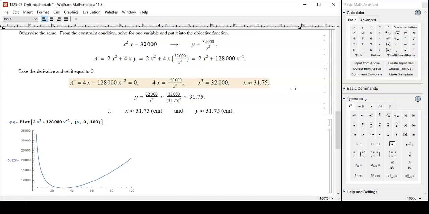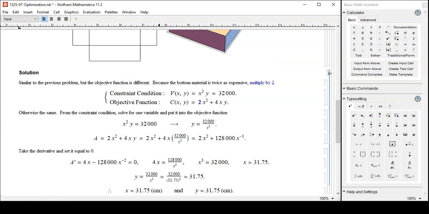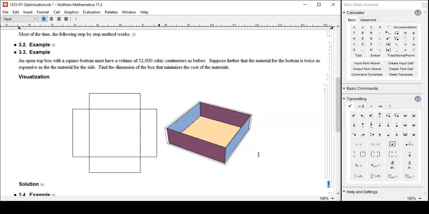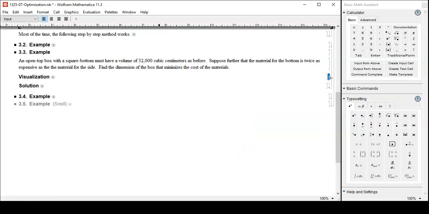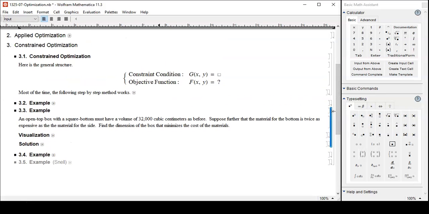And if you do your computation, it's pretty close to 30, 31.75 approximately speaking. So yes, it fits pretty well. Okay, we went through a couple of problems, and both problems revolved around the same geometrical configuration. So getting the constraint condition especially was the same.